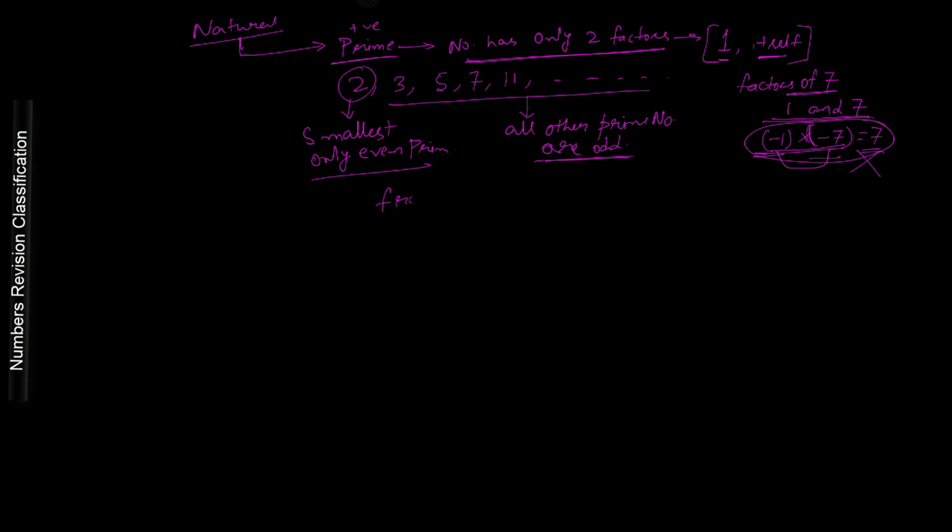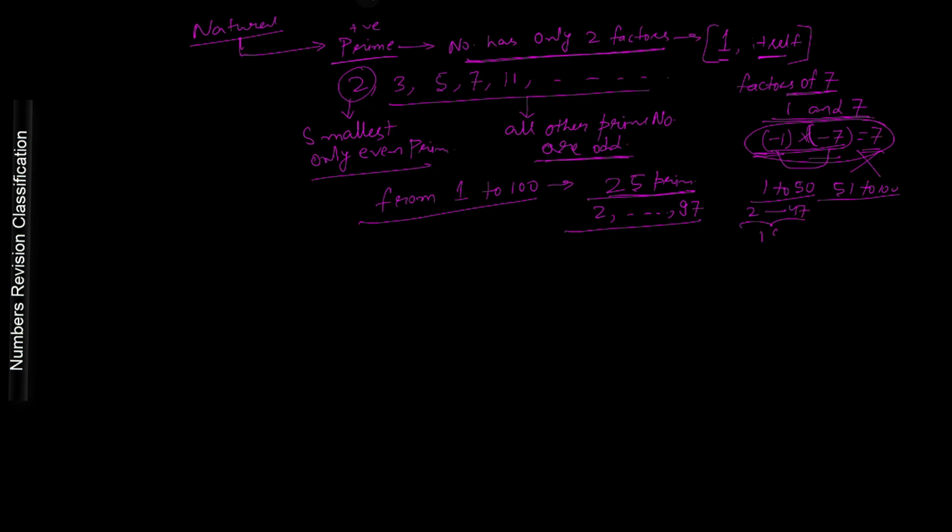Then there is some basic information that we can memorize. From 1 to 100, how many prime numbers are there? From 1 to 100, there are 25 prime numbers. These are like ready reckoners. The smallest is 2 and the largest prime number is 97. From 1 to 50, from 2 to 47, there are 15 prime numbers.